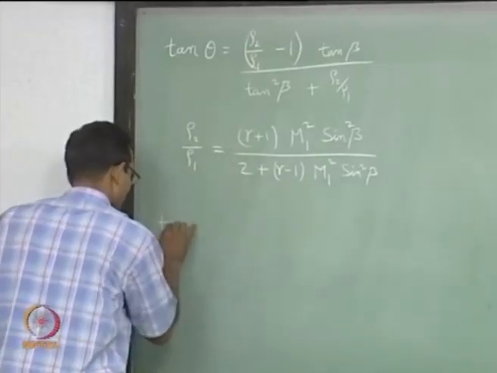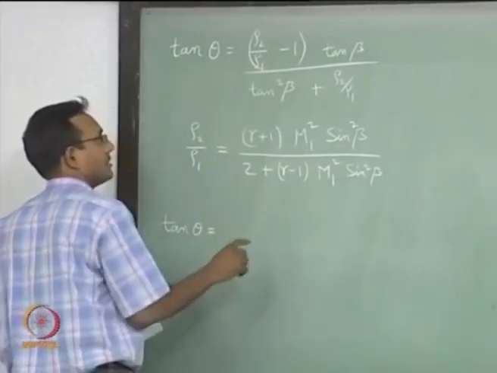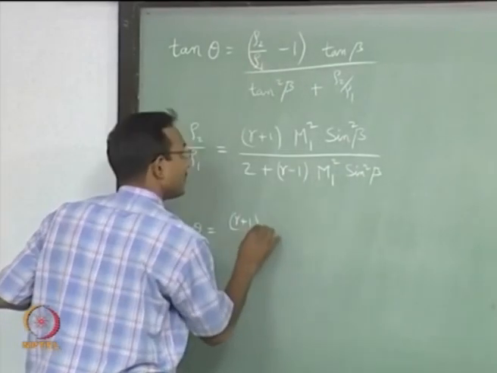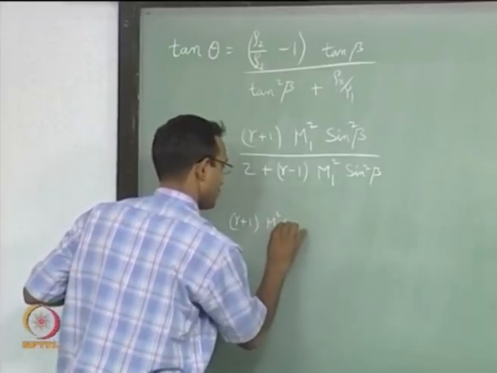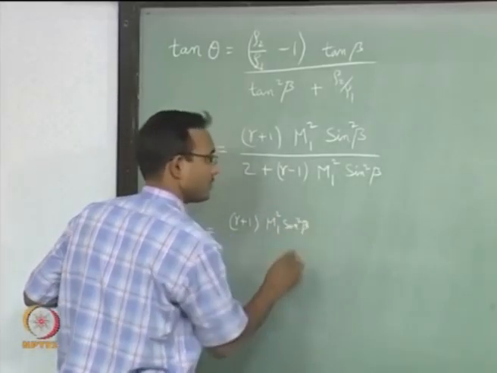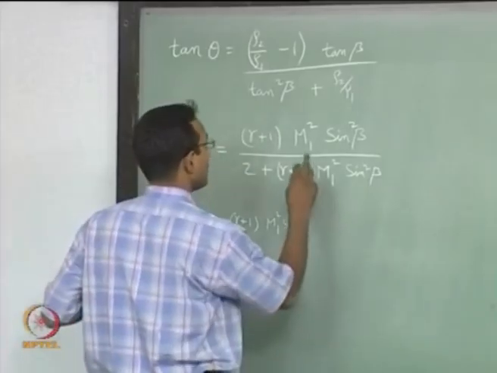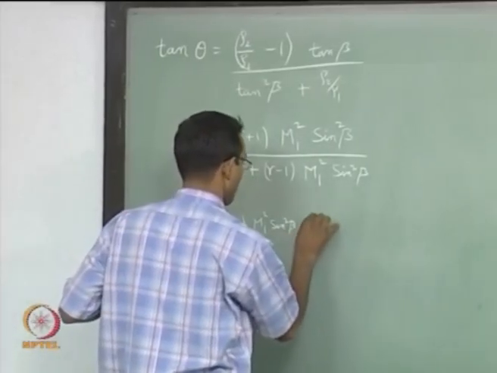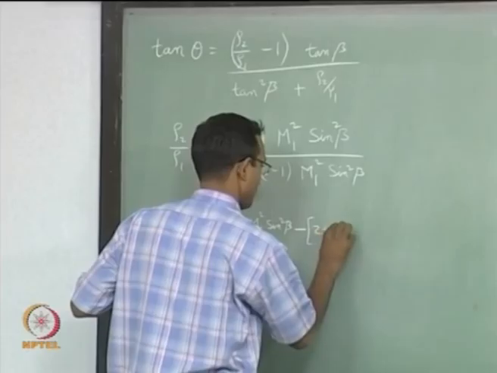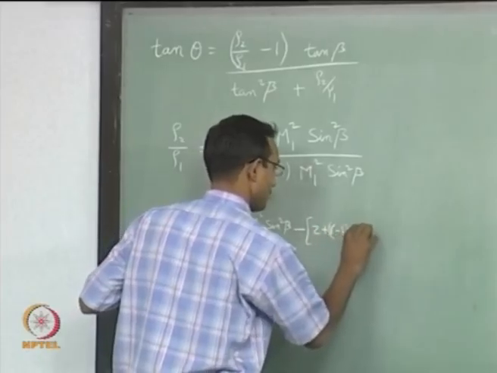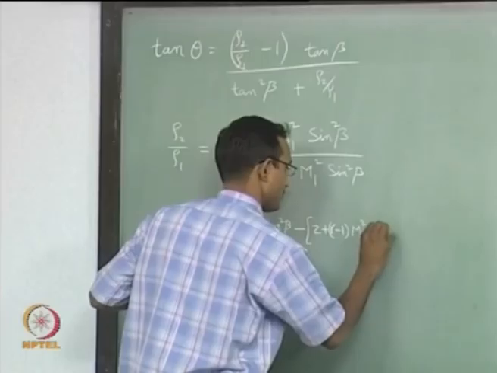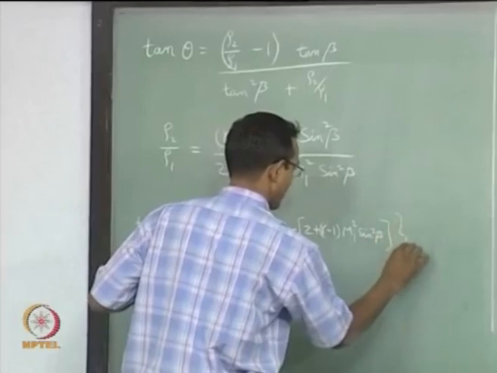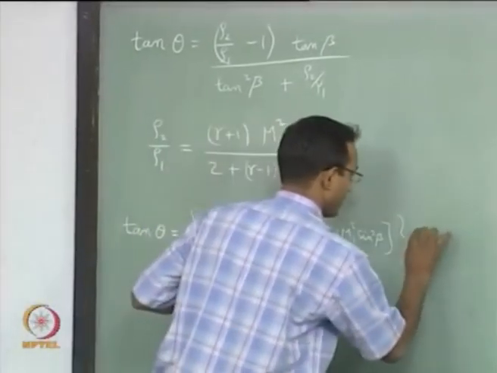Now, we will start writing. It will be rho 2 by rho 1's numerator, sin square beta, that numerator minus the denominator, this whole thing multiplied by tan beta.